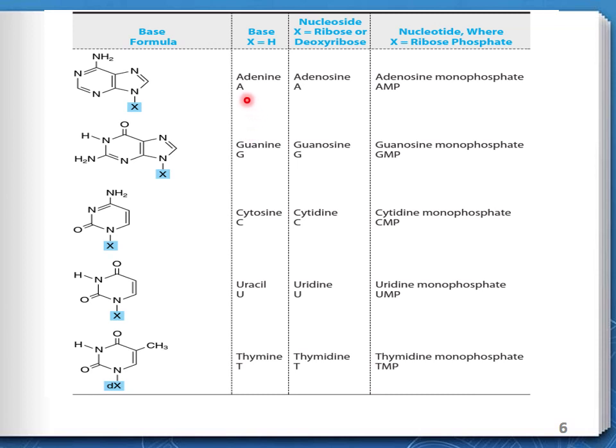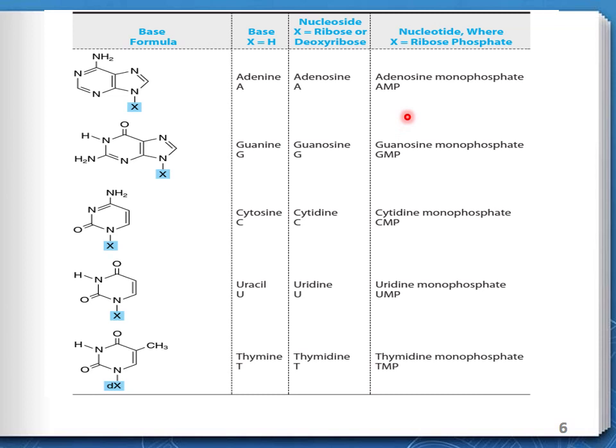If the nitrogen base is conjugated with sugar, we have a nucleoside. The nucleoside for adenine is adenosine, for guanine, guanosine, for cytosine, cytidine, for uracil, uridine, and for thymine, thymidine.